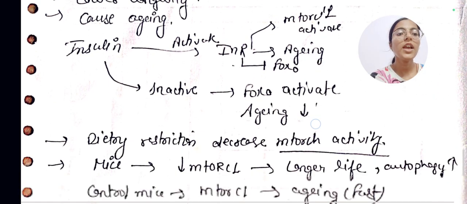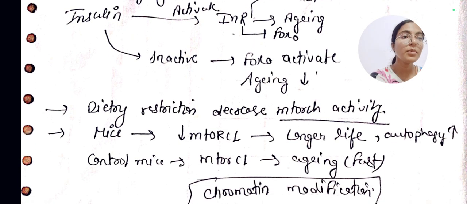Okay. Then we have the most important statement. Please do focus on this statement. Dietary restrictions decrease mTOR activity. When there is a restriction on the diet, this will result in a decrease in mTOR activity. When mTOR activity decreases, when it's inactivated, the process of aging will be slow.